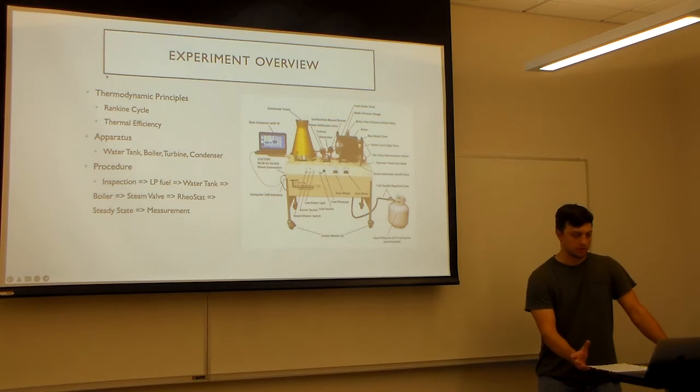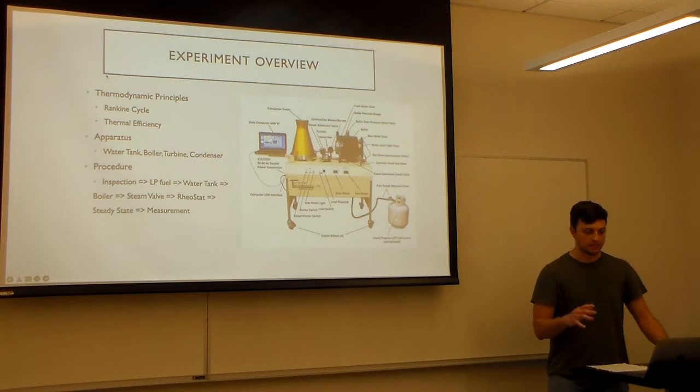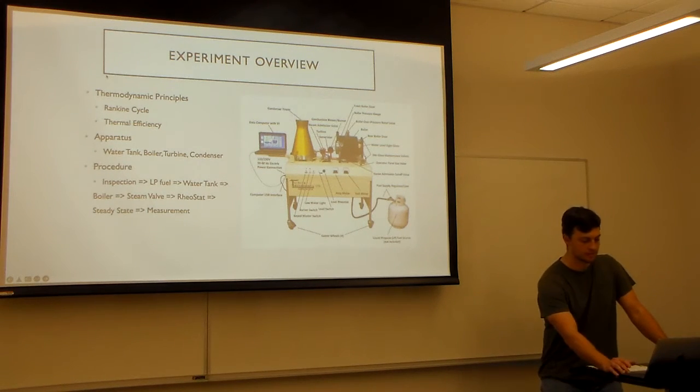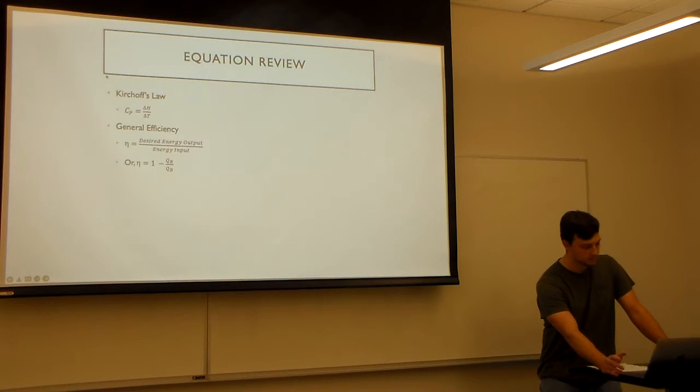And so the procedure, just quickly going over it, was that we inspected the apparatus, then turned on the fuel and the water supply, turned on the boiler, and put on the rheostat resistance, and then waited for a steady state before taking measurements.